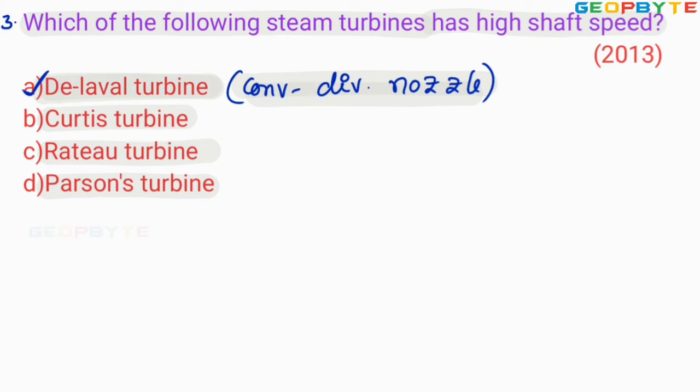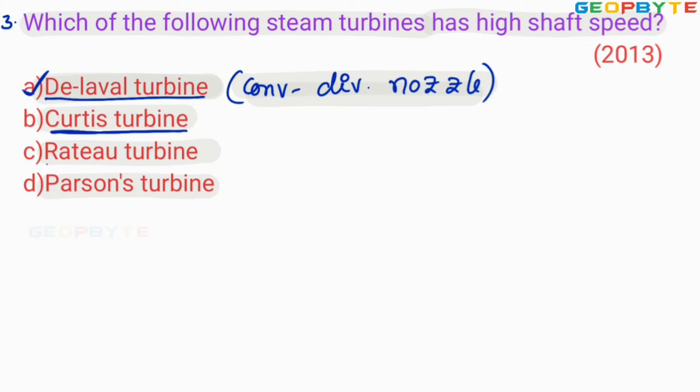By the time the steam at high velocity is expanding over the De Laval turbine, the turbine is running at a very high speed. For minimizing the speed of the turbine, we are going for compounding mechanism. That compounding may be velocity compounding turbine. Velocity compounding is called Curtis turbine.